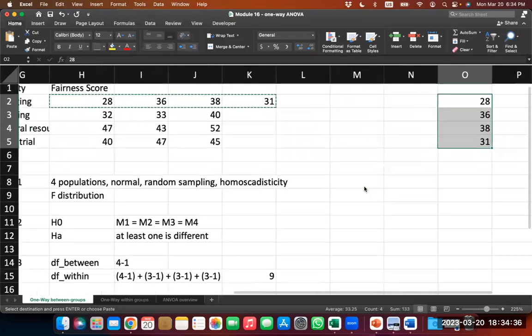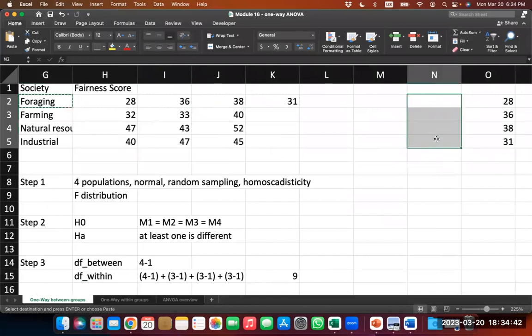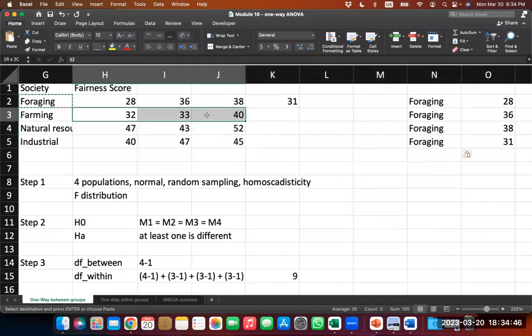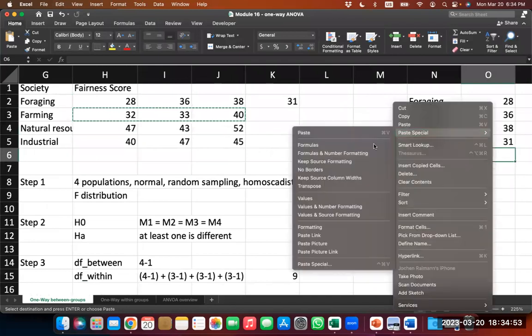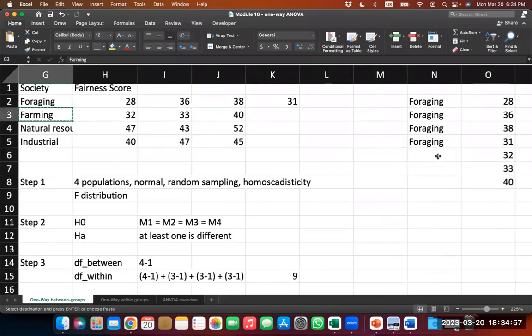Transposing is basically bringing it from a wide format to a long format. Then you pick the corresponding society and fill it for all those 4 entries. You do the same for farming: you copy it, go to O6, paste special, transpose, and spread it out over those 3.